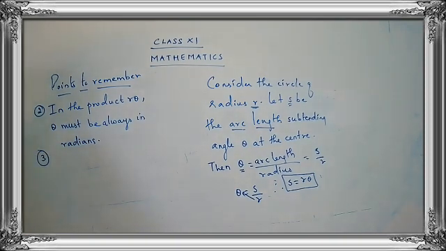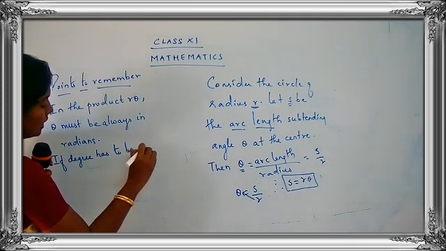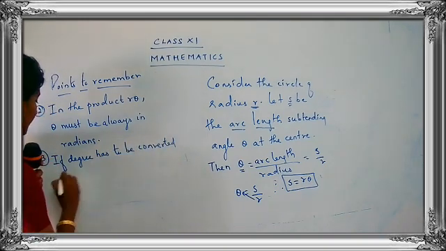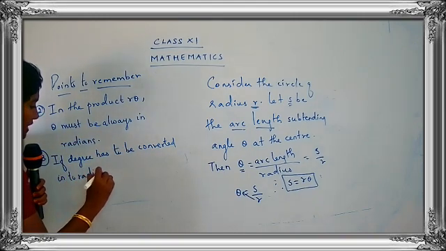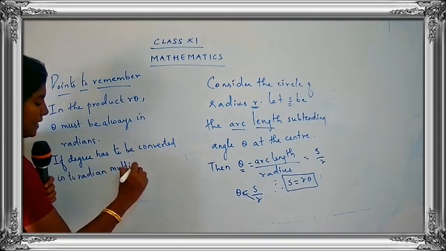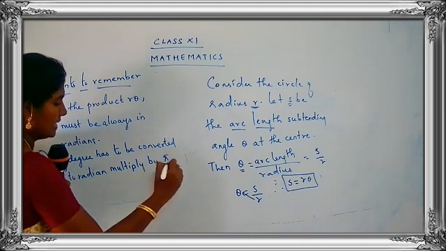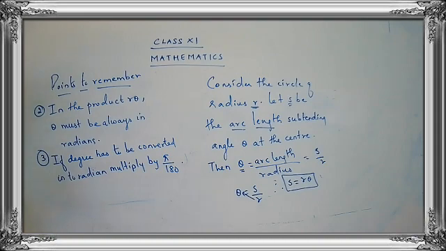Listen to me. If degree has to be converted into radians, how am I going to do it? If degree has to be converted into radian, multiply by pi by 180. This is a point which is not in the textbook, children.